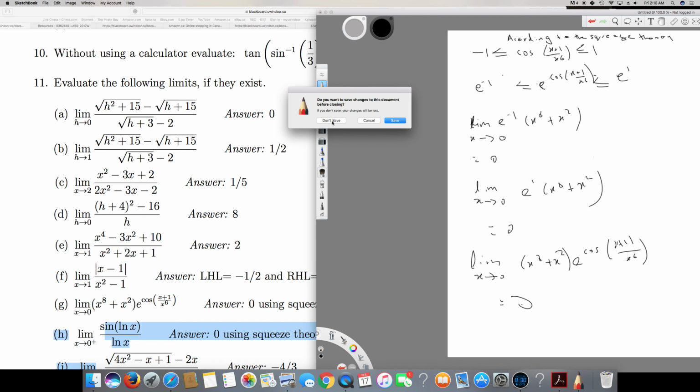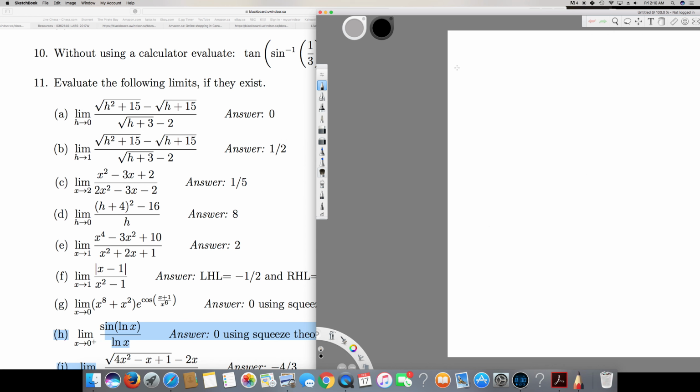And the next question is asking for the limit as x approaches 0 from the right, 0 plus, of sine of ln x over ln x. So we have to use the squeeze theorem for this one too.